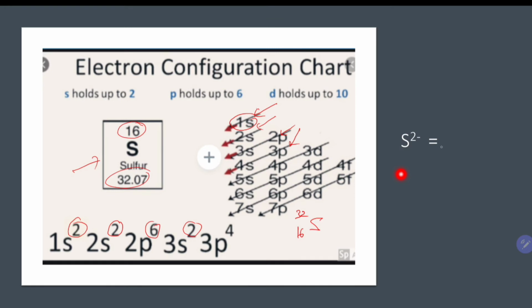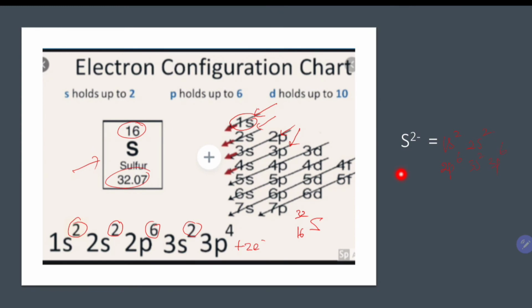For S2-, it receives 2 electrons. So the configuration is 1s2, 2s2, 2p6, 3s2, and 3p6.